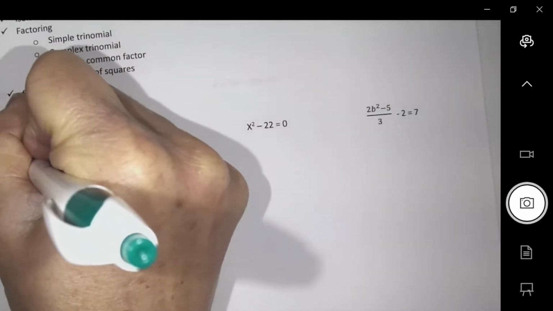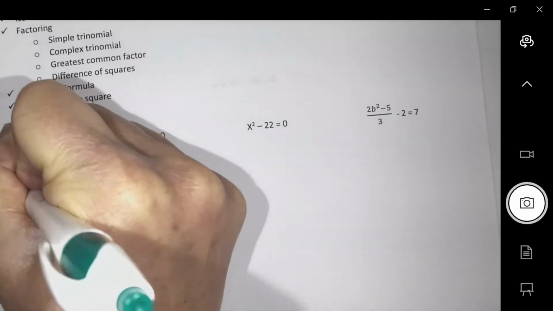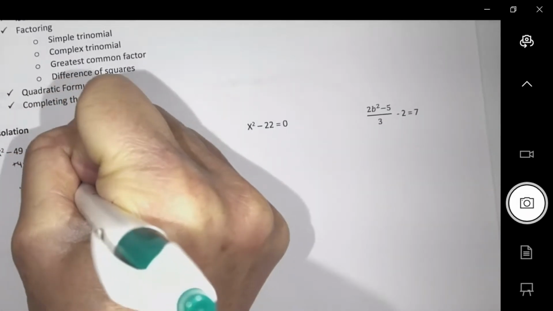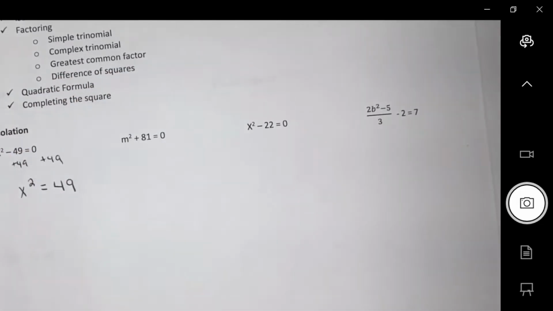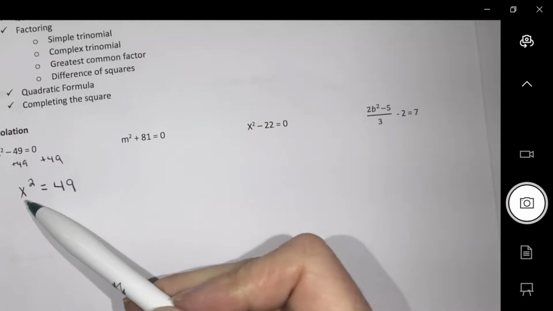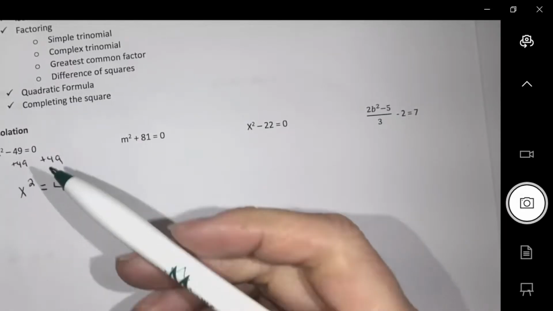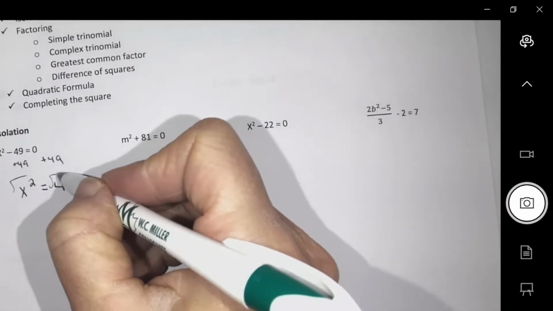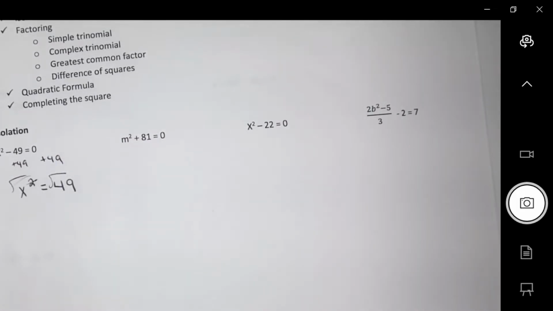Add 49. Okay, so isolation is move stuff or get rid of stuff. You're trying to get something alone. So I still need x alone. How do I get rid of a squared? Square root. And that cancels it off.